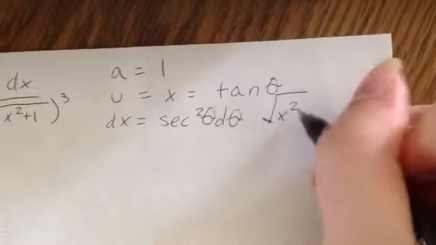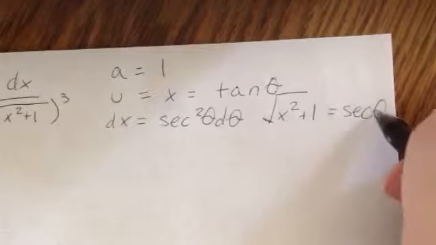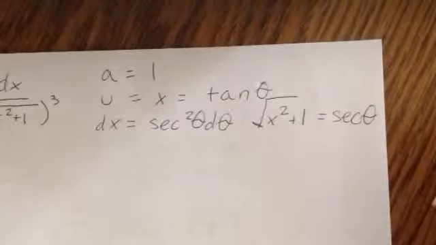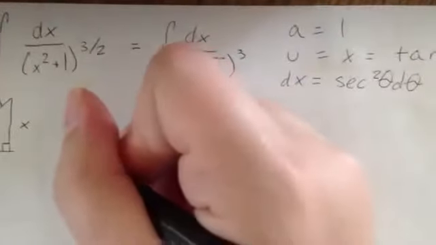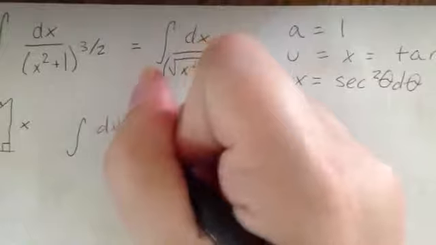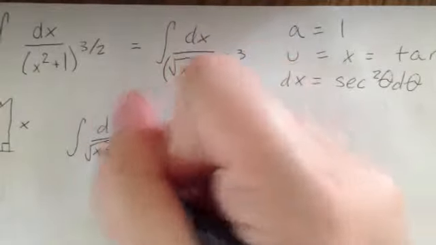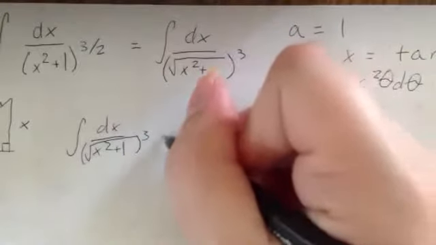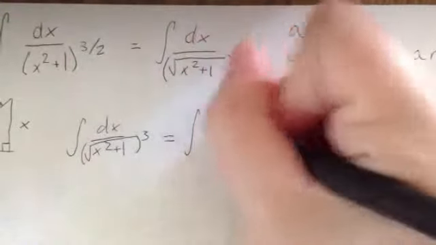The square root of x squared plus 1 is going to be equal to secant theta by the trigonometric substitution properties that we just learned. Rewriting the expression, again, just to make it easier to look at. Then you can start plugging everything in properly.